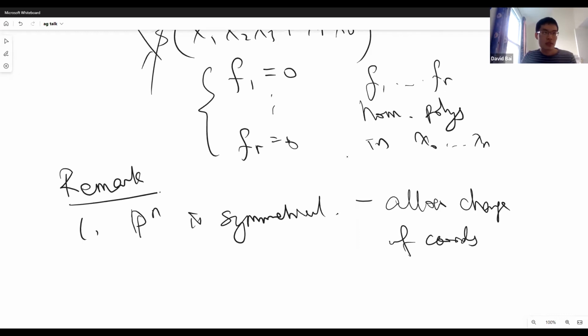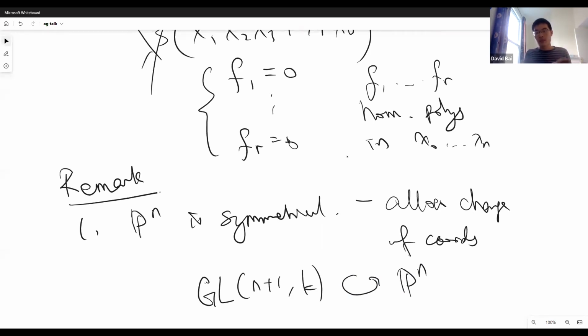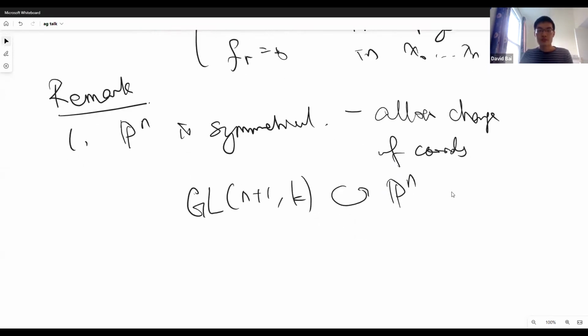If you know a little bit about group actions, what I mean by this precisely is that GL n plus 1 of k acts on Pn by multiplying the matrix to the vector that's given by the homogeneous coordinates. And this action is kind of the best you can hope for. It brings any points to any points. It brings any lines to any lines.